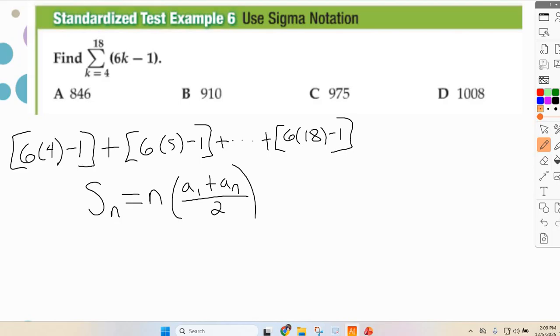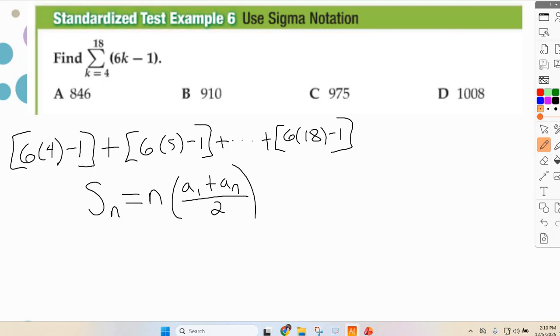Then from there, we basically have to pick apart which things go where. So the first thing that we have to decide is how many terms are we adding all up together? So we would be doing 18 if we had started at 1, right? 14.